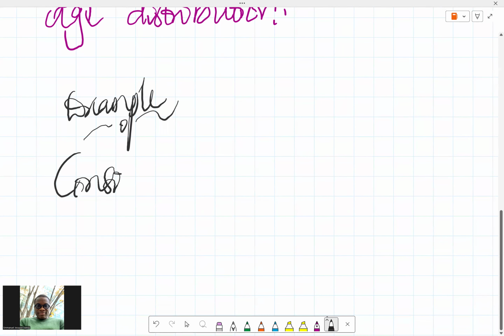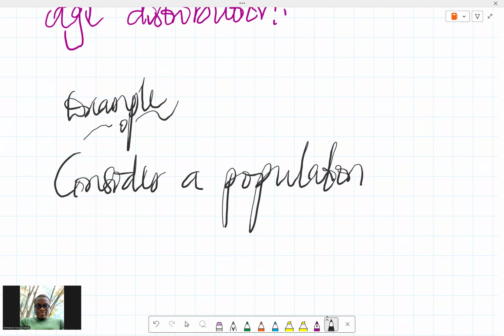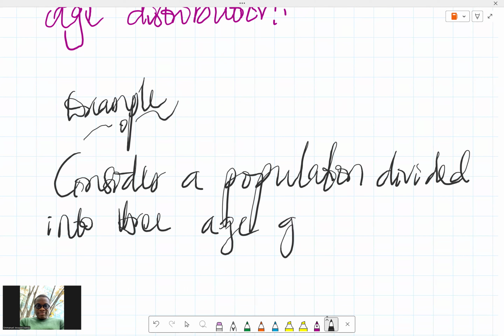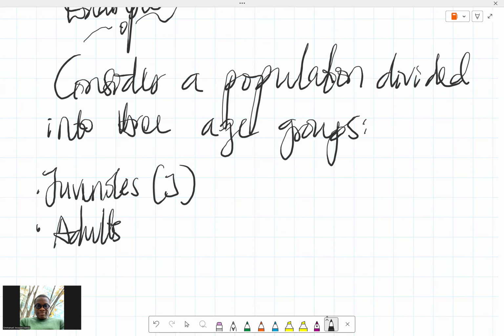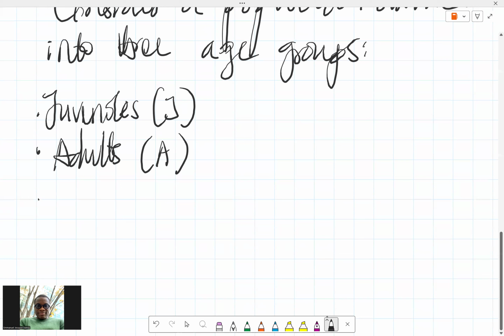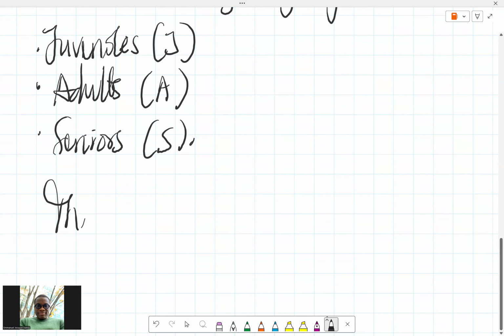So consider a population, age-structured, divided into three age groups, namely juveniles, call that J, then adults, call that A, and then seniors, call that S. So the transition matrix L, known as the Leslie matrix.